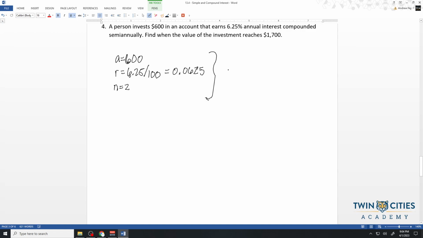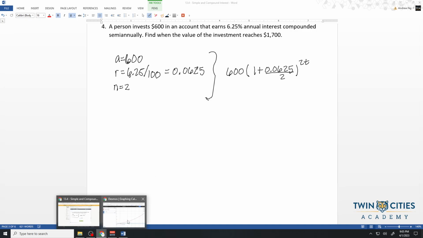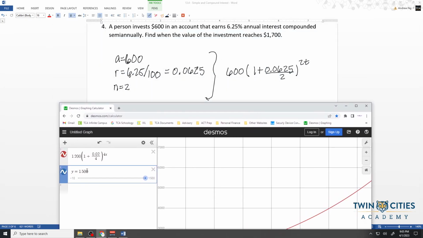And I will get, let's see, 600 parentheses 1 plus 0.0625 over 2, to the 2t. All right, let's plug it all in.